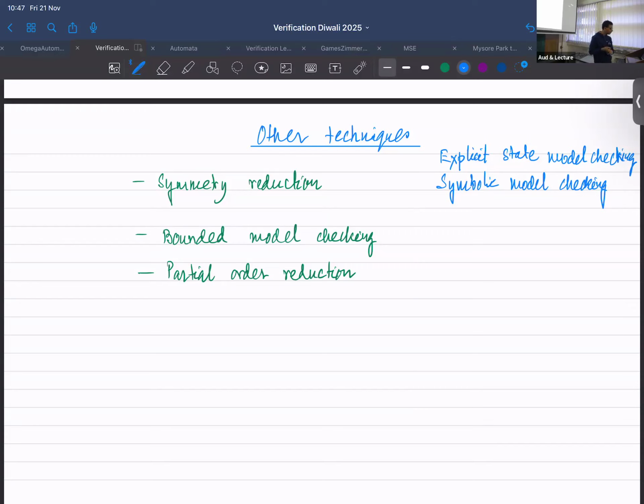And then there are very nice theories about something called partial order reduction, and each of these is a significantly big topic in itself. We saw the symmetry reduction in terms of bisimulation. The idea of partial order reduction is that there can be several paths in a program, and different paths may reach the same state.